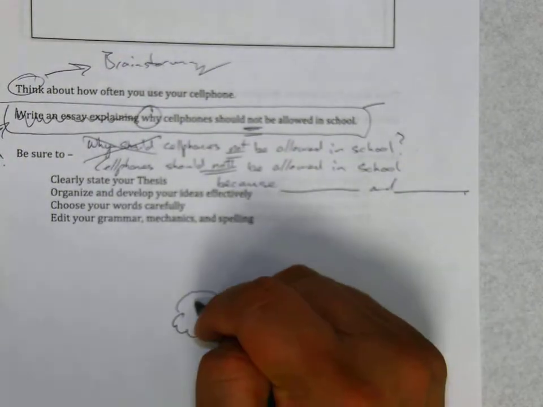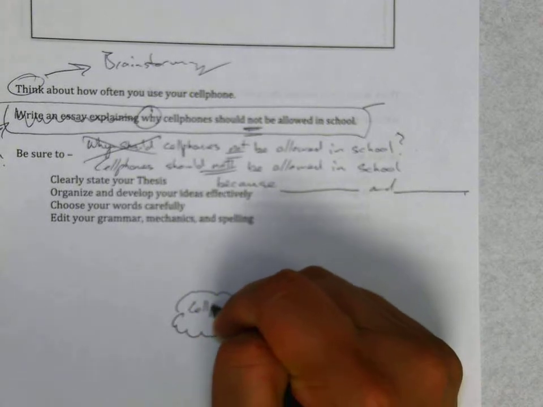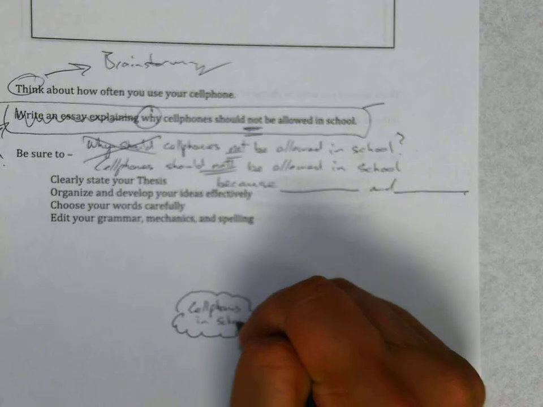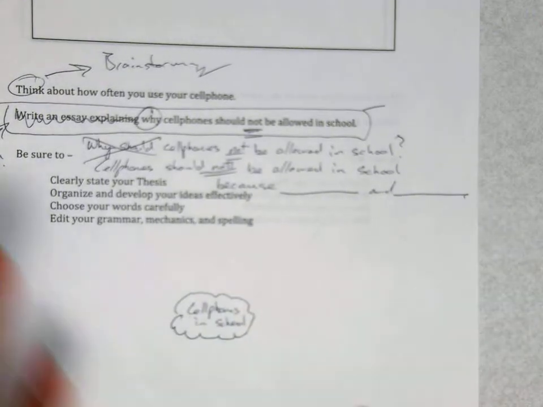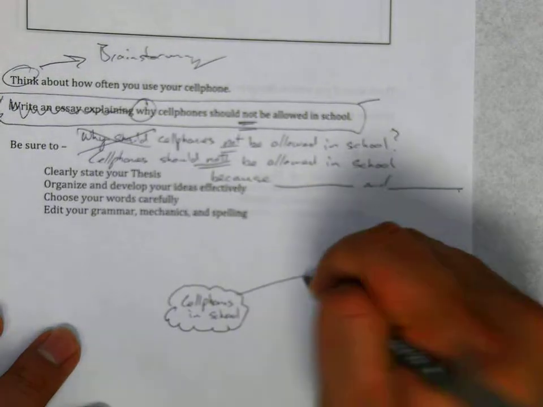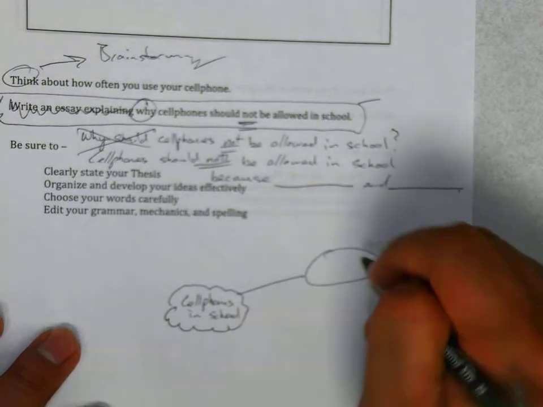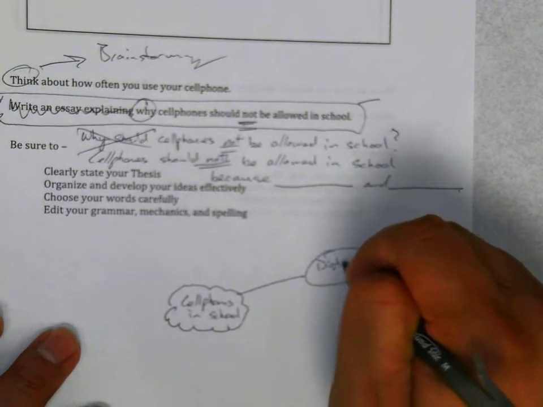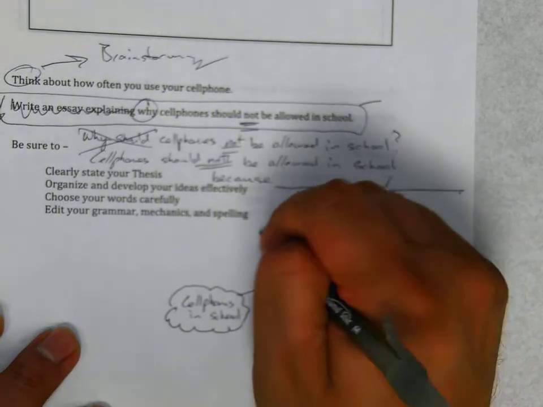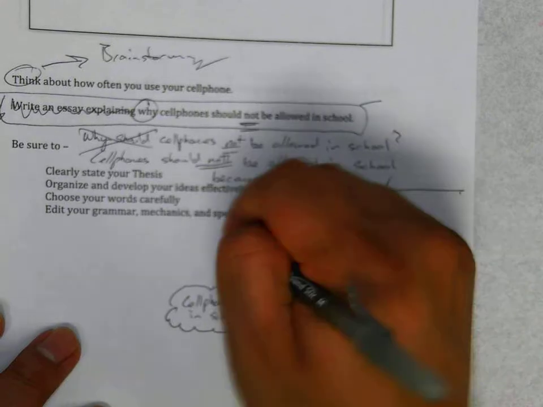And in the middle, I'm going to put cell phones because that's what we're talking about, cell phones in school. So I'm telling you, you're going to tell me the reasons why we shouldn't have cell phones in school. And you may say stuff like, oh, they're a distraction. And then you're going to give me a couple of examples, like, let's make these boxes.